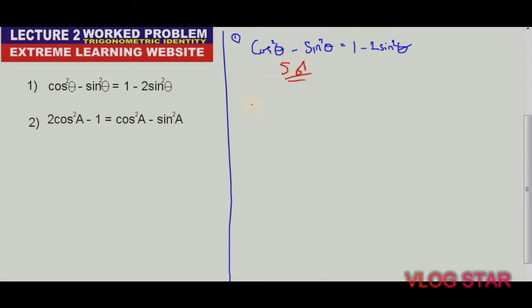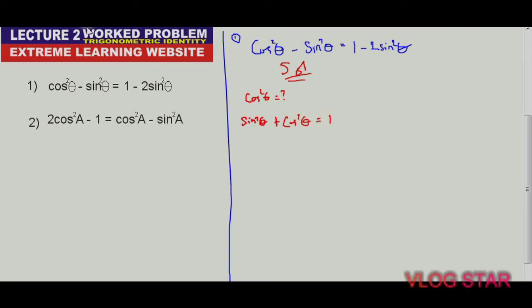At this side we have cos square theta minus sine square theta. Now what is cos square theta? If I want to convert cos square theta, there is a trig identity that says sine square theta plus cos square theta is equal to 1.